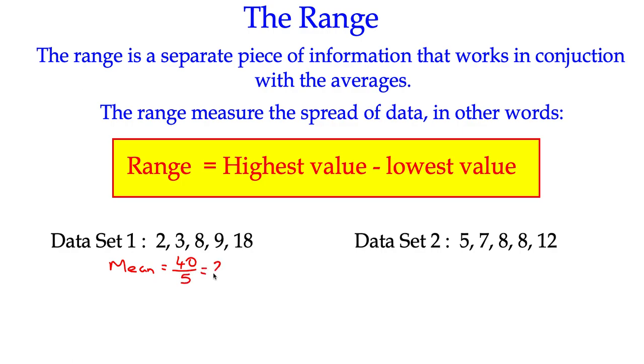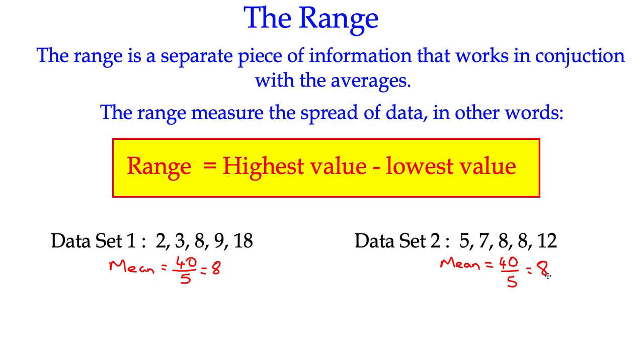So the average value there is 8. If you look at data set 2, 5 and 7 is 12, and 8 is 20, and 8 is 28, and 12 is 40. So the mean of this data set is 40 divided by 5, which is also 8. So in both of these lists, the average is 8.